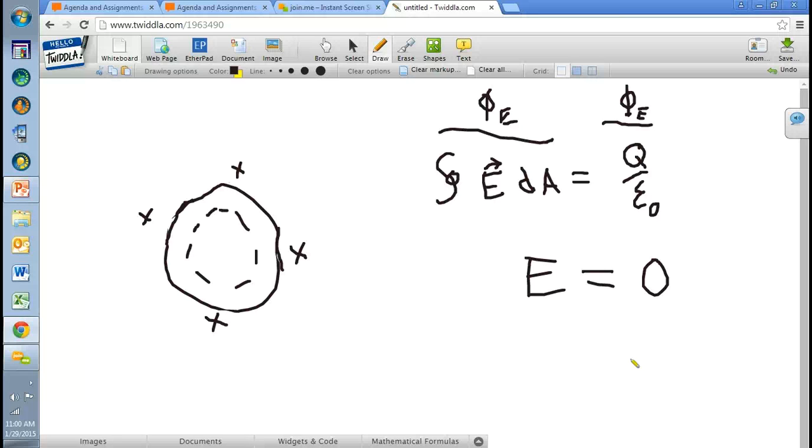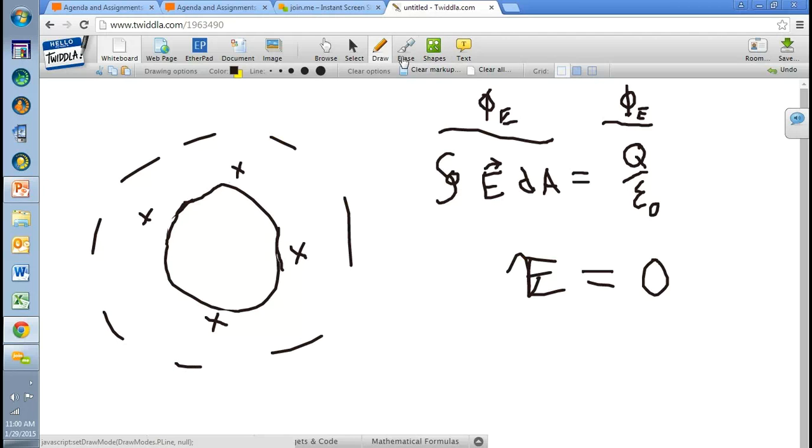Okay, so now let's go ahead and draw another Gaussian pillbox, but this time on the outside. Okay, so again, I'm going to have an E field coming through here, and I'm going to have a certain amount of area.